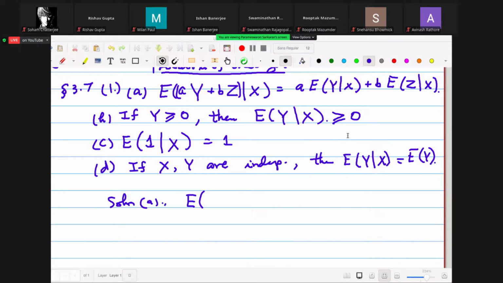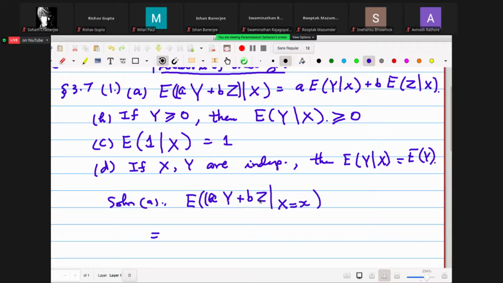Okay, this is fine, no problem. So just write this. You have to compute it for each value of x. So you just compute this.